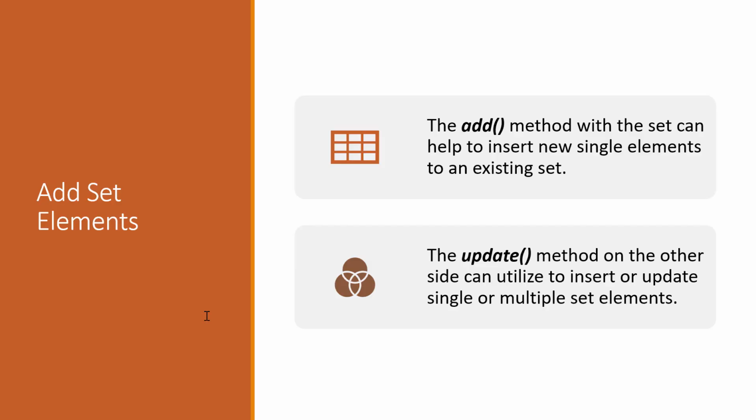We can use the add method with this set to insert new single elements to an existing set. After that, we can use the update method as well to insert or update single or multiple set elements. Moreover, the update method also accepts a list, string, and even a tuple as an argument, whereas the add method only accepts single values. So now let us discuss how we can use these methods to insert new data in a set.